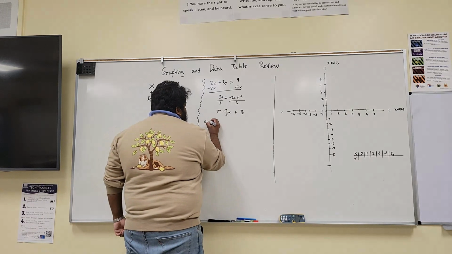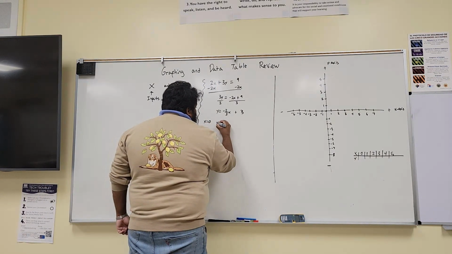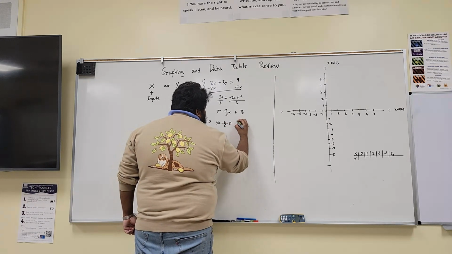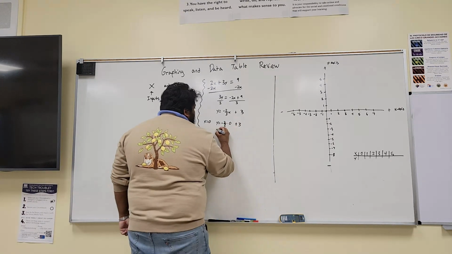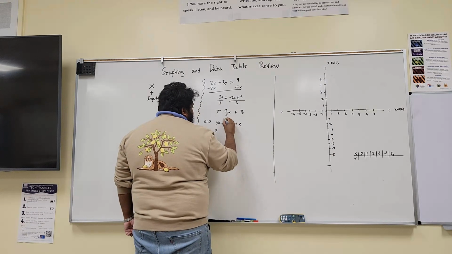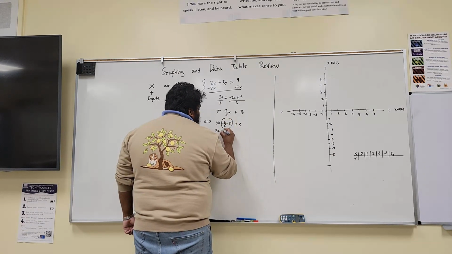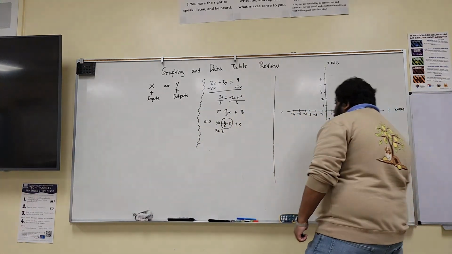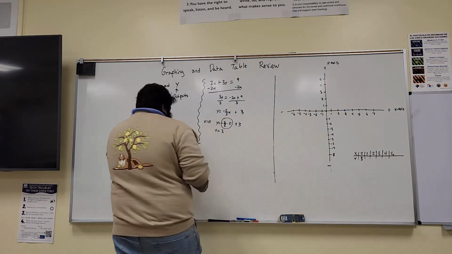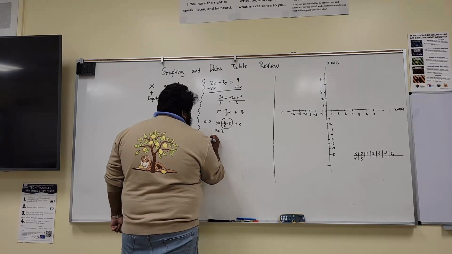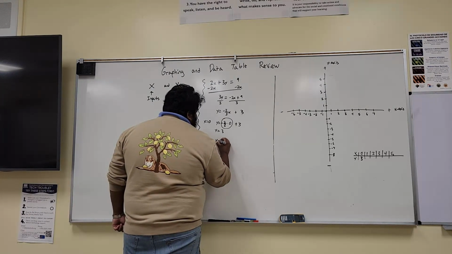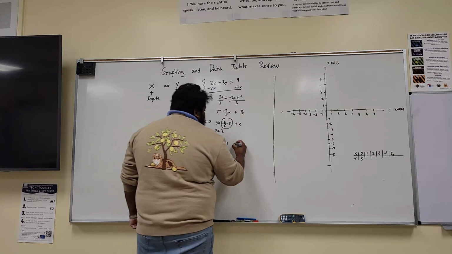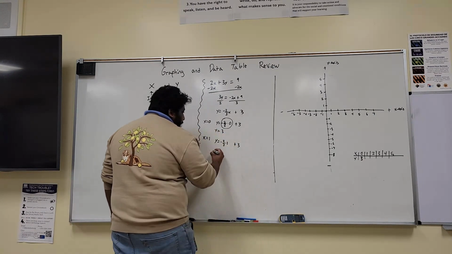So x is equal to 0. y is going to be equal to negative 2 over 3 times 0 plus 3. And then this is just going to turn into a big 0. So y is going to be equal to 3. I'll do x is equal to 1. So y is going to equal negative 2 over 3 times 1 plus 3.